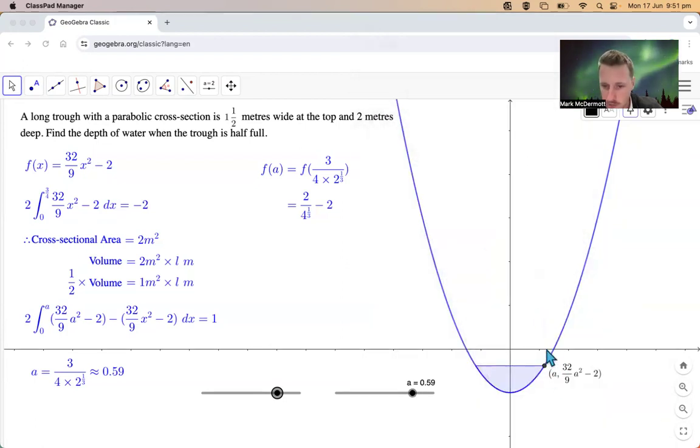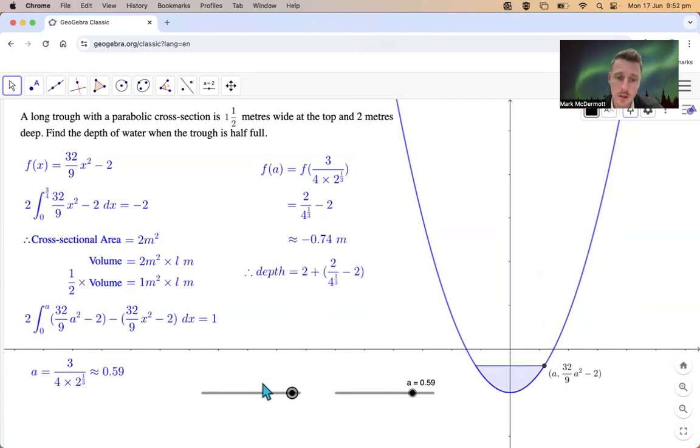This point, firstly, it's below the x-axis, so it's negative, and negative 0.74 seems about right. Okay, so now we're almost there. We know that the total depth from the x-axis to the bottom is 2 meters. So we need to take 2 minus 0.74 essentially, or another way to think about it is 2 plus this whole thing negated, right?